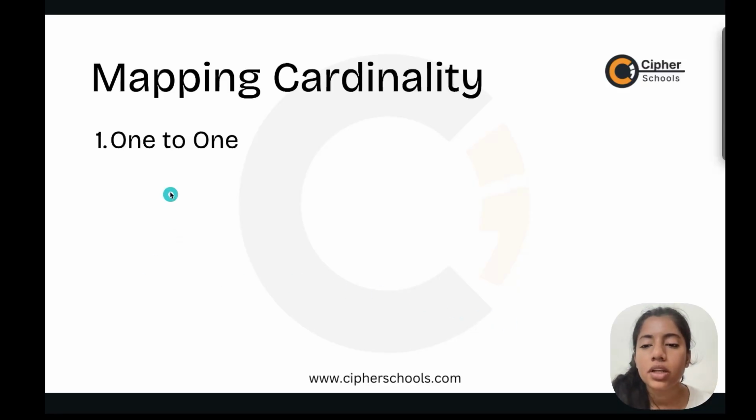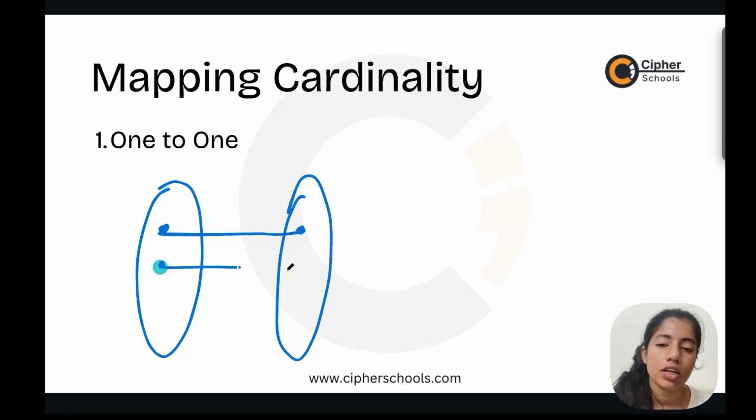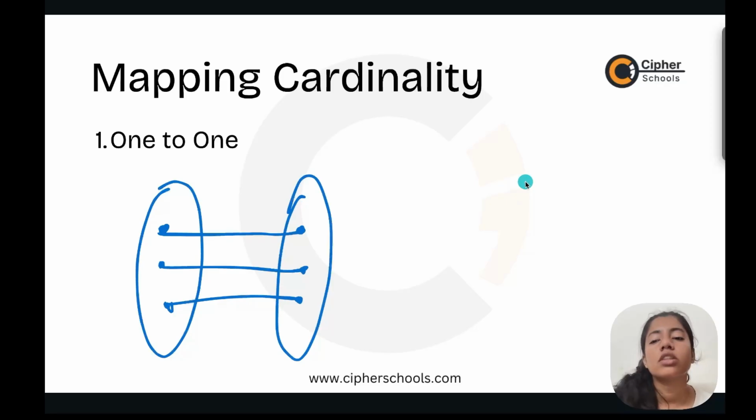For a one-to-one relationship, if there are two sets, set A and set B, exactly one from set A will be linked with exactly one from set B. This is the case for one-to-one mapping cardinality. Can you think of an example?